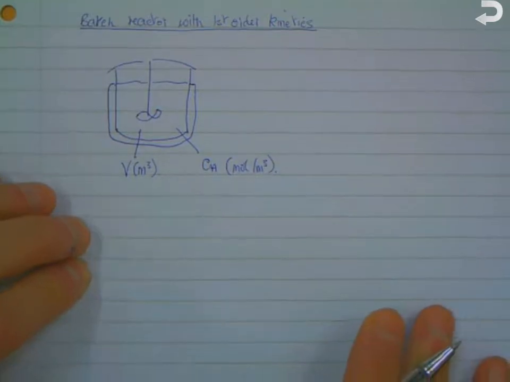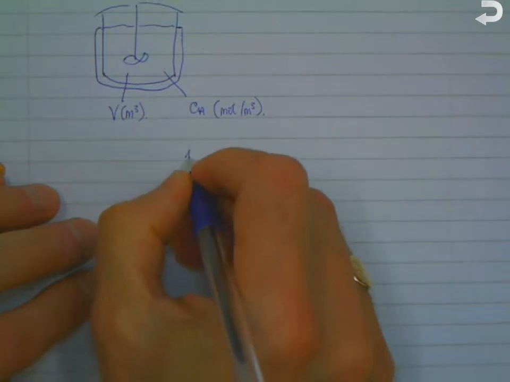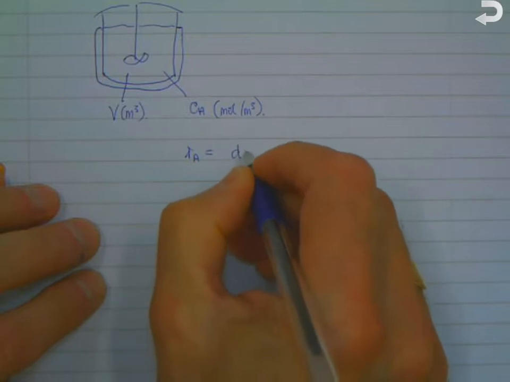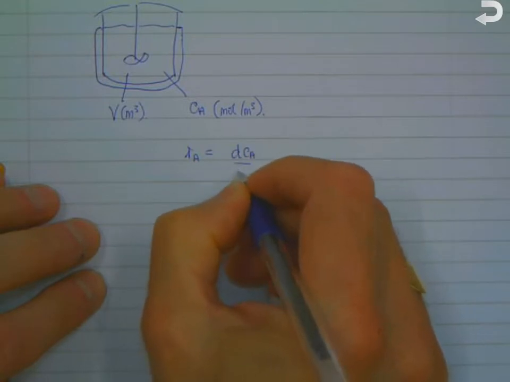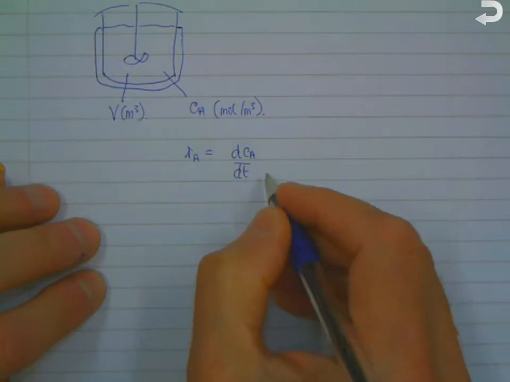Well, that's its concentration. Now the expression which was derived previously was that Ra, the reaction rate of A, is equal to the rate of change of Ca in the reactor with time, dCA by dt.